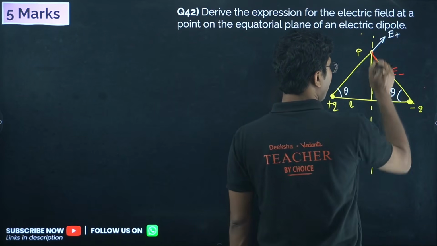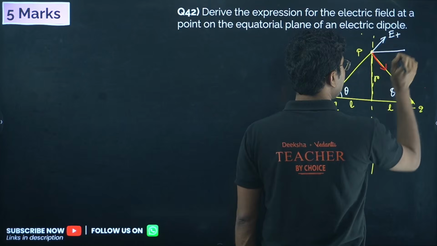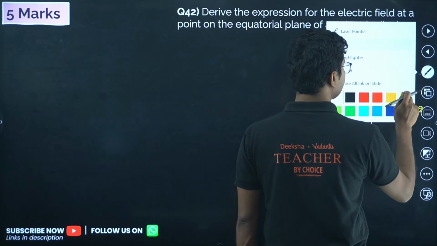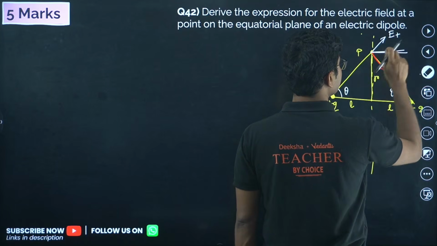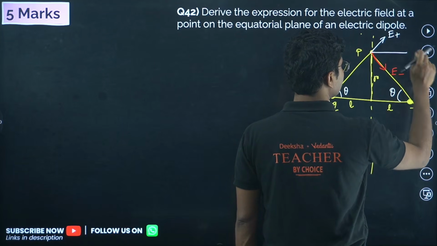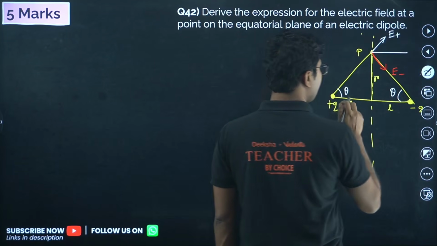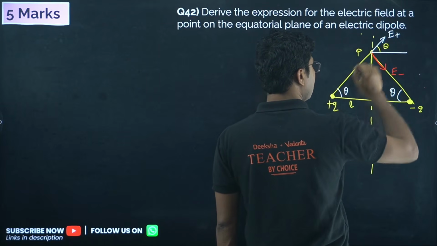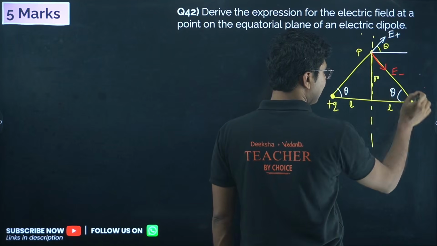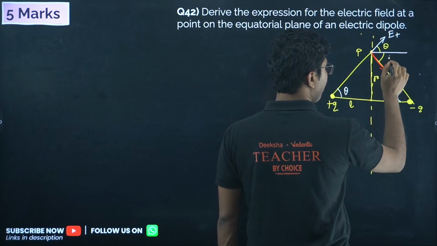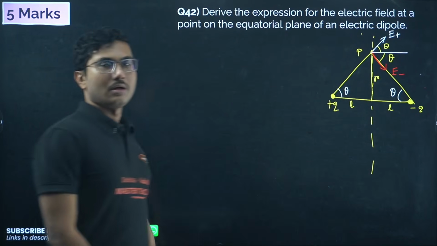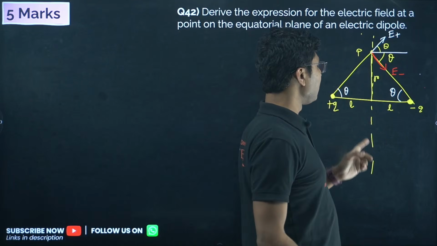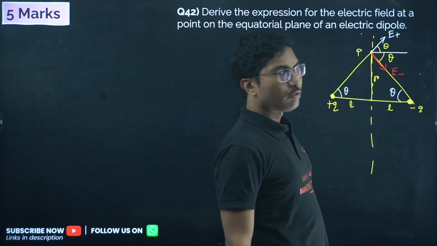Now if you draw a parallel to the base, this angle and this angle will be same. Okay, and this angle and this angle will also be same. One will be alternate angle, one will be similar angle. So this is the similar angle, this is the alternate angle. So both angles are same.